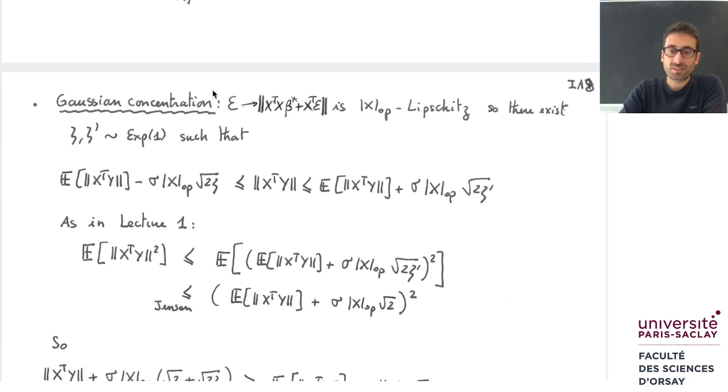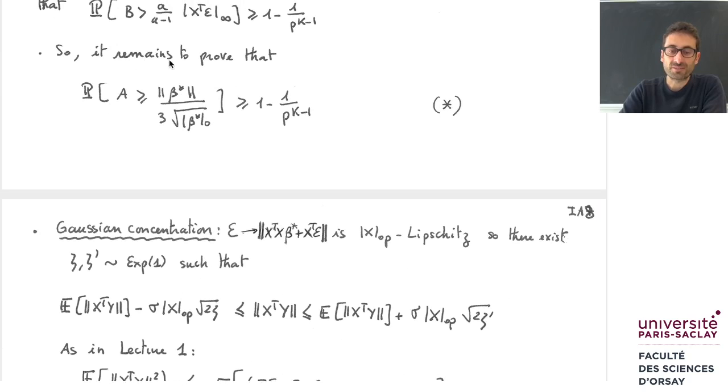So at the end, we obtain this lower bound with probability 1 minus 1 over p to the k, which is larger than this. So we have proved this bound.